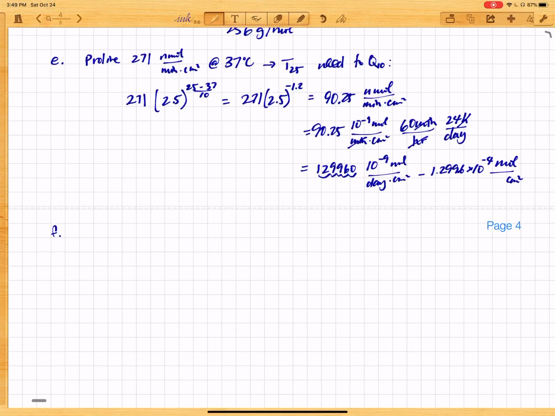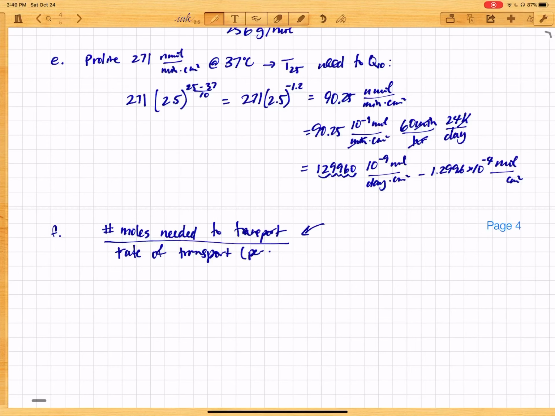So this is going to be how many moles needed to transport, divided by, this is what we need to get done, and then this is the rate of transport. This is how fast we can do it, and this is per centimeter squared. And that will tell us how many centimeters squared we need to get it done in a day.